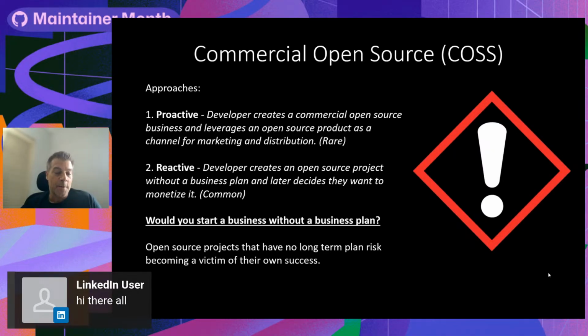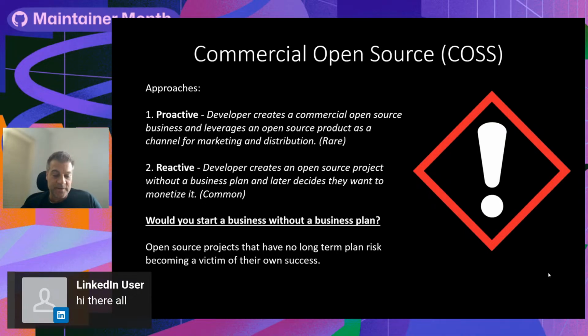What is much more common is this reactive approach, where they create an open source project without any plan about what the business might look like later, or how they might monetize it. They release it, and then they start to wonder what to do next. The big question here is that you have to look at an open source project like a business.